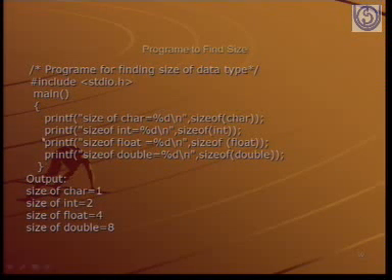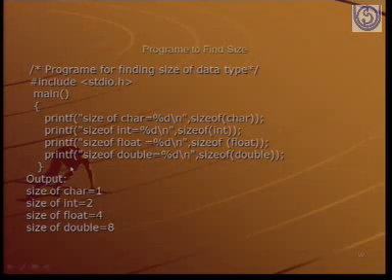Now after executing this program, what output will we get? That output was given in the table also, which we discussed. Size of char is 1, size of int is 2, size of float is 4, and size of double is 8. Similarly, you can modify this program for other data types also.